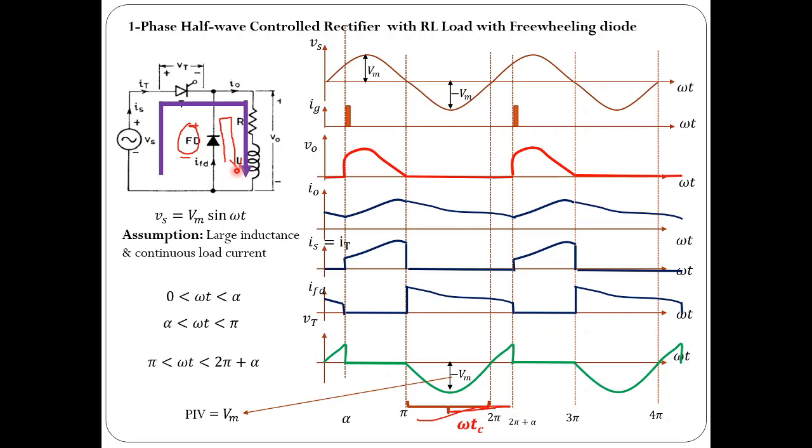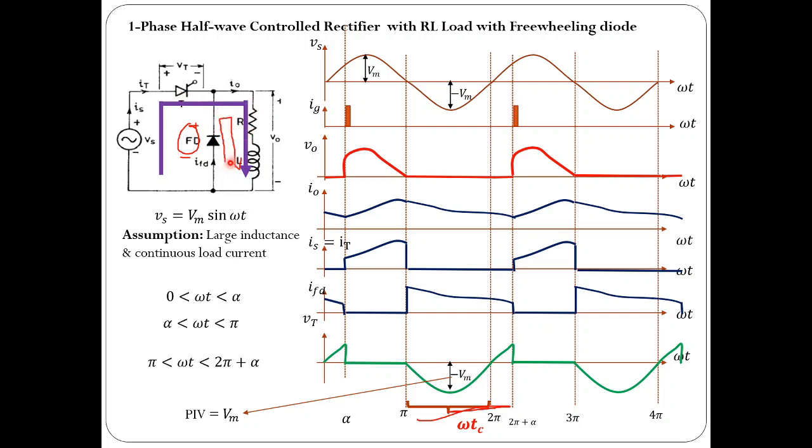If you see here, reverse voltage appears. Once the current through the thyristor became 0, at omega t equal to pi, the load current is shifted from the thyristor to the freewheeling diode.